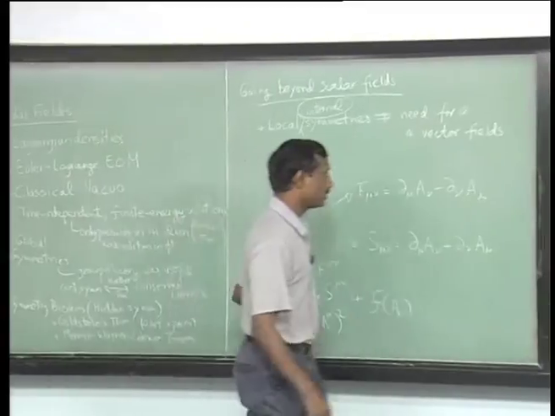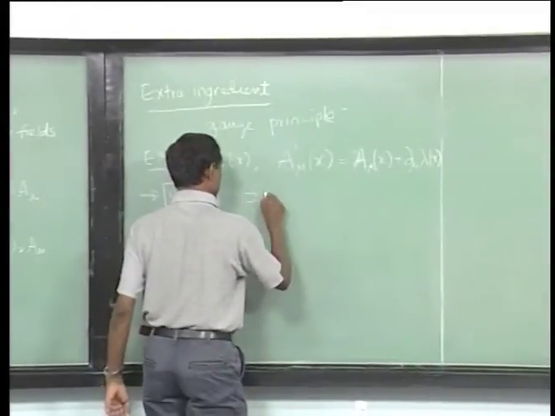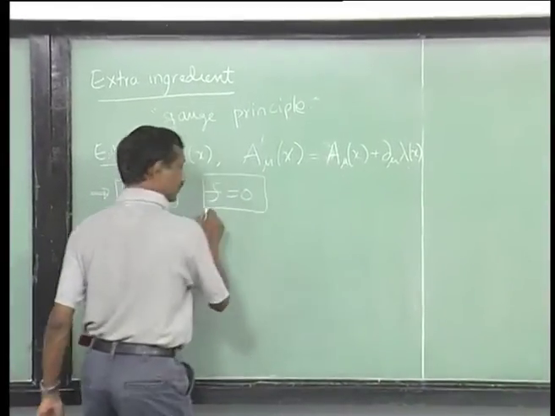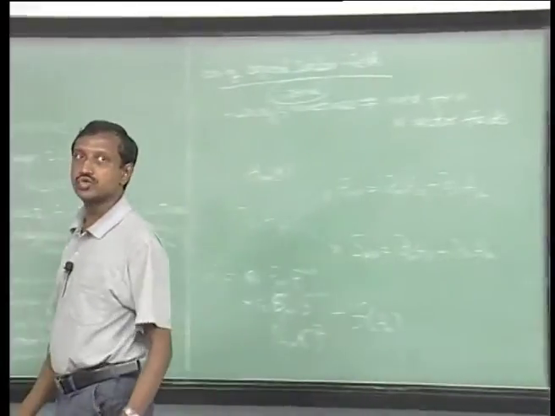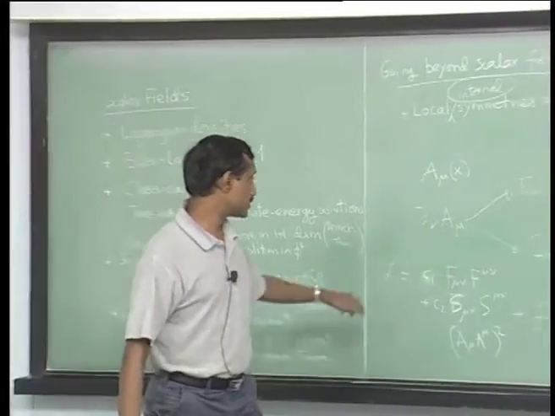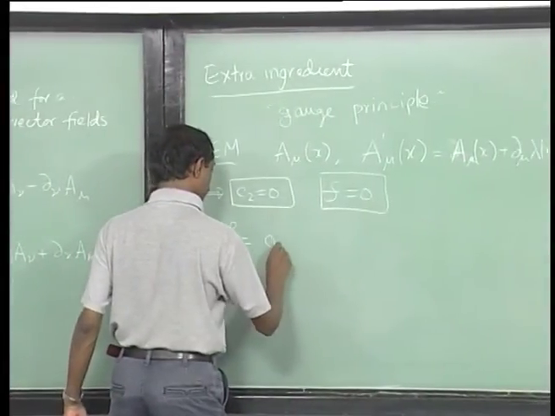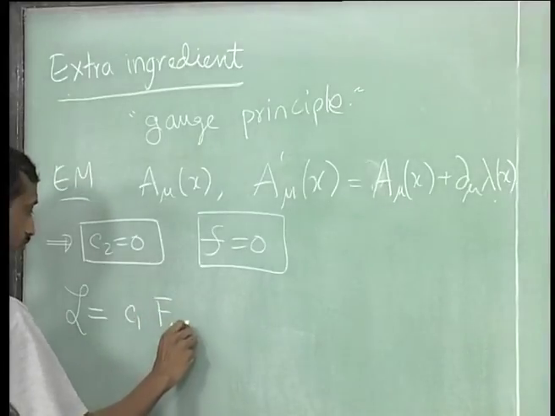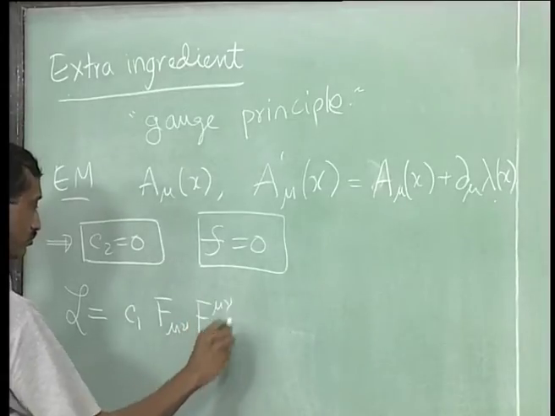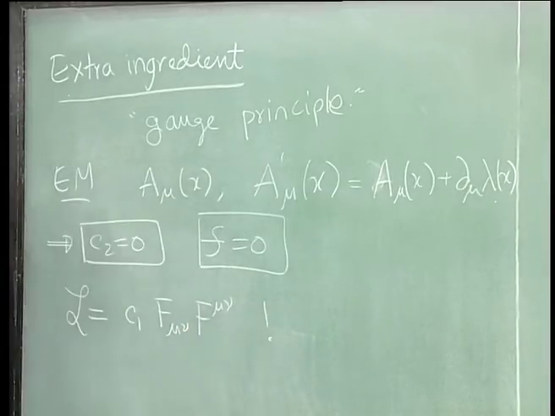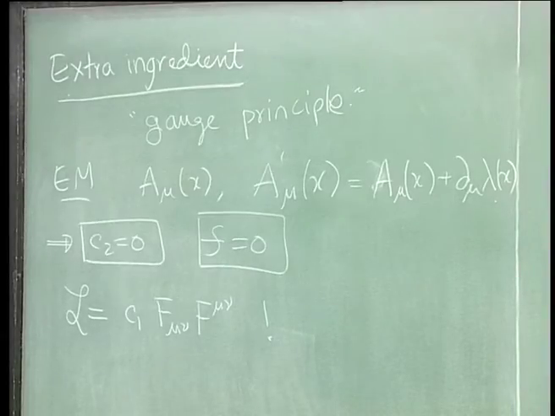Okay, and it also says that f should be 0. So if you restrict yourself to two derivatives, this is it. You do not have any more freedom. This is the only term you could have written with the derivative restriction.